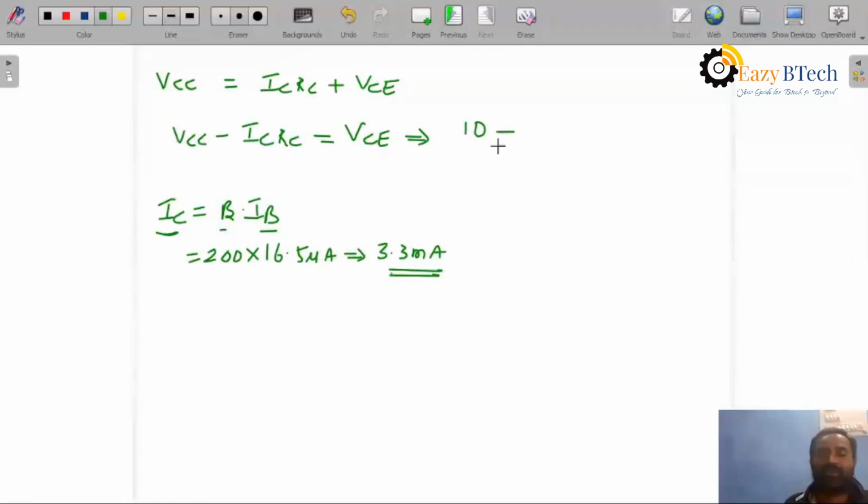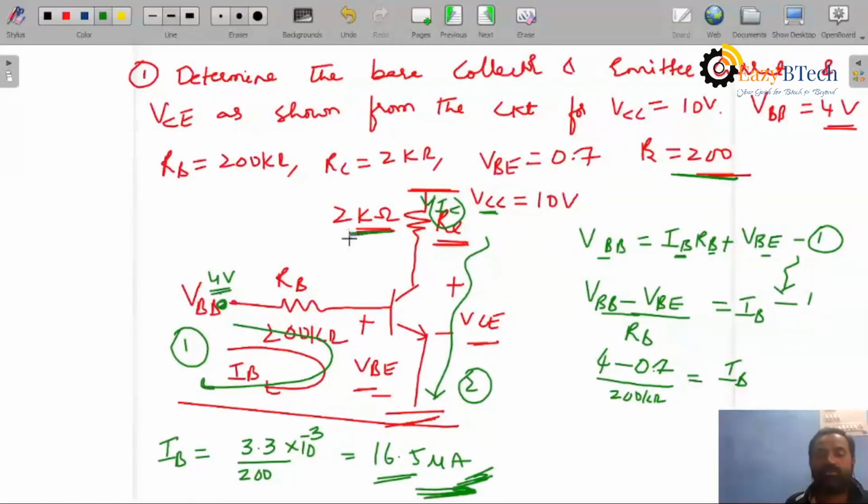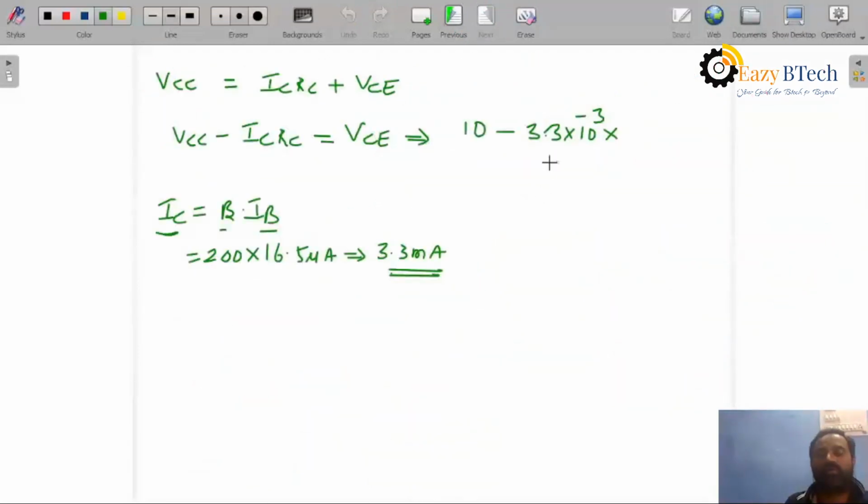From this VCC minus, 10 minus IC, 3.3 into 10 power minus 3 into RC. RC, what is the value of RC? RC value 2 kilo ohm. 2 into 10 power 3. This and this will get cancelled. 10 minus 3.3 into 2.